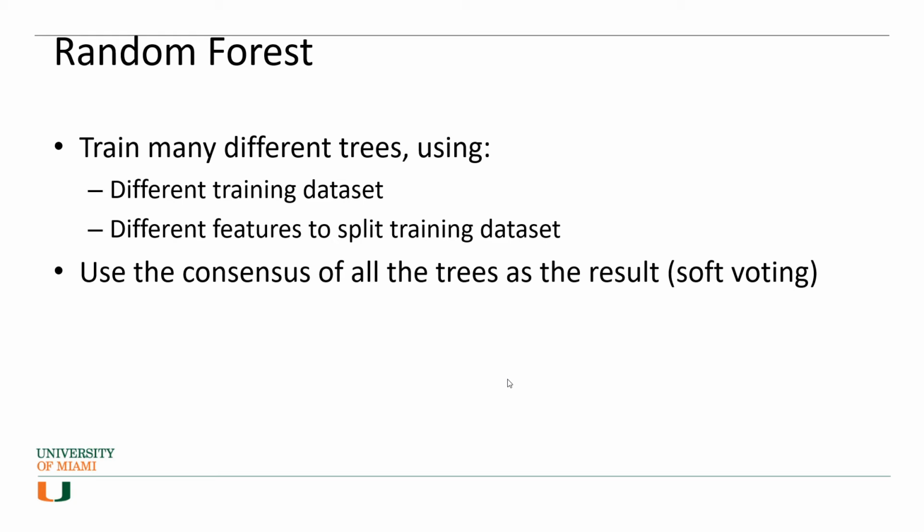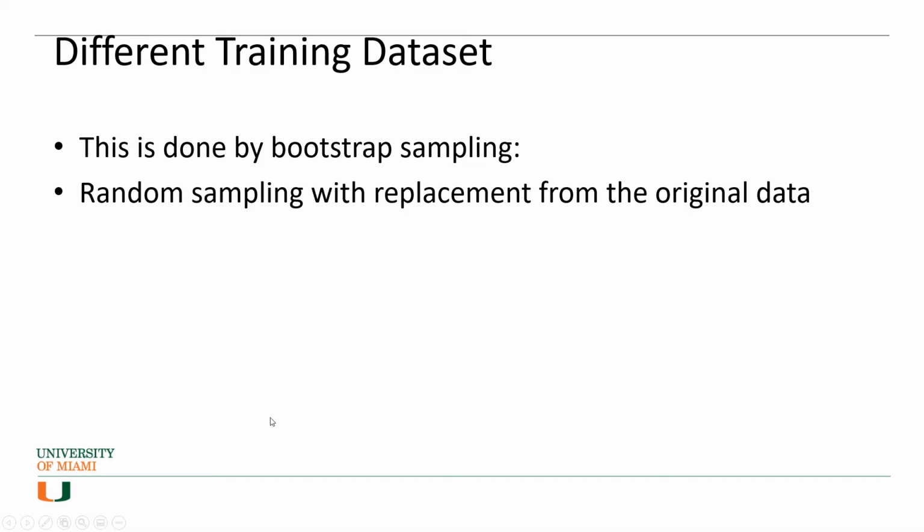Once a random forest creates many distinct decision trees based on distinct data sets and distinct features, it is going to use the consensus of all those trees, a term that is known as soft voting, to figure out the final result for the classification.